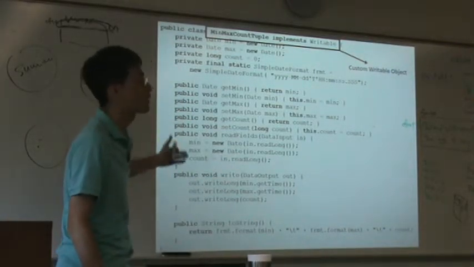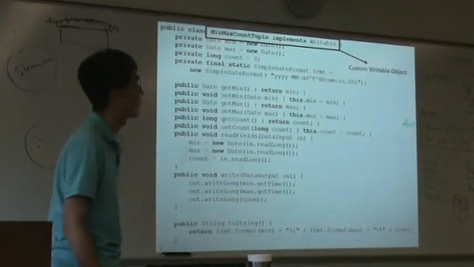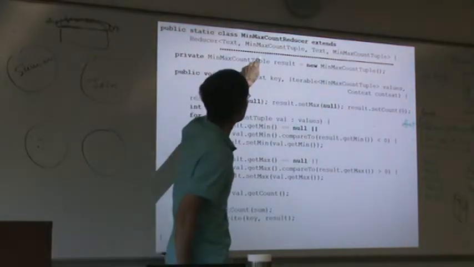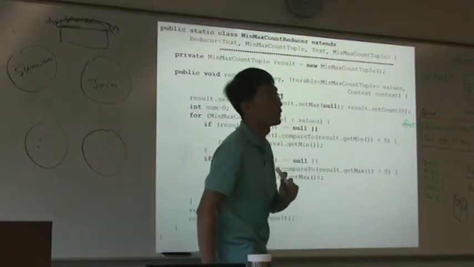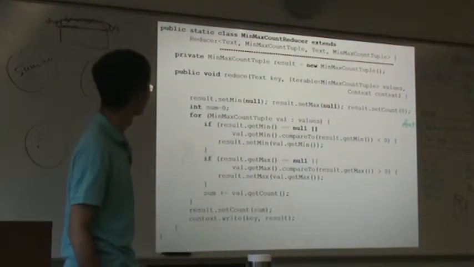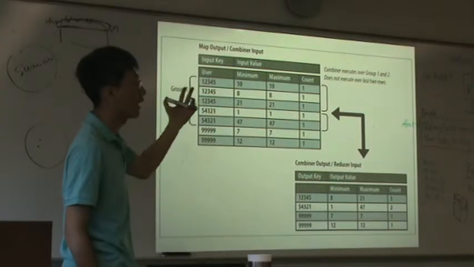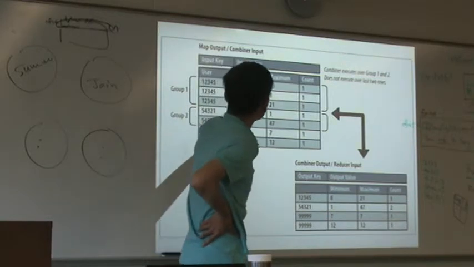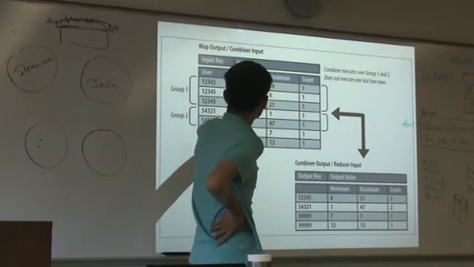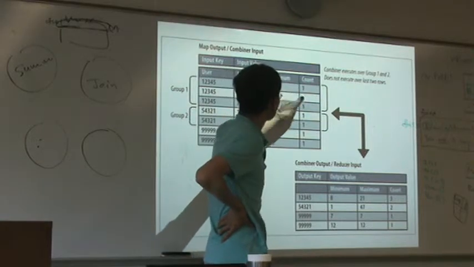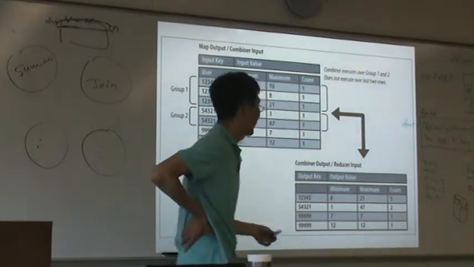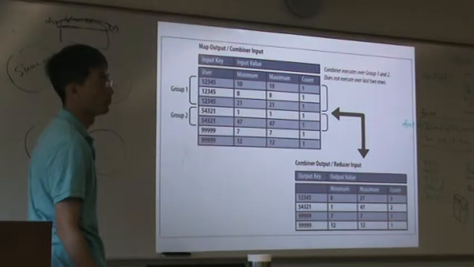Okay, so I'm not going to explain this one, so you can check it. This slide is available on Canvas. Okay, and this is the reducer. And as you can see, the min-max count tuple is used. So this is the overall idea of this program: for each user, the minimum, maximum, and count. So for example, the maximum is 21, and the count is 1, 2, 3. Our goal is to get this per user, right?